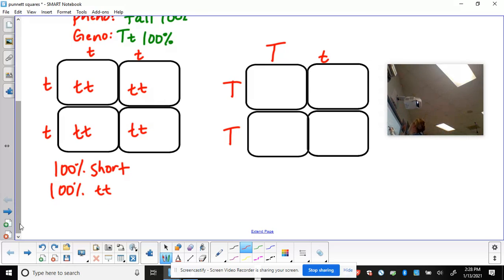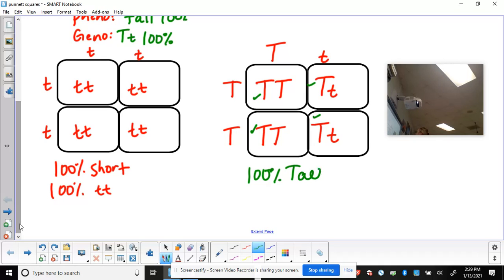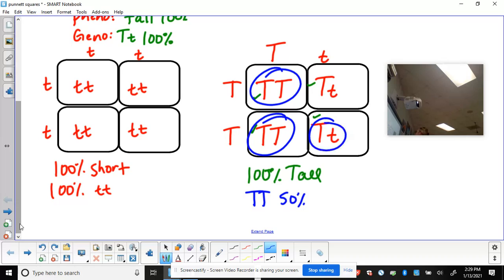So if I complete this cross, note that every single plant is going to be tall because they all have the tall dominant trait. And for our genotype, you have this kind of genotype and this kind of genotype at 50%. Then you have this genotype and this genotype at 50%.